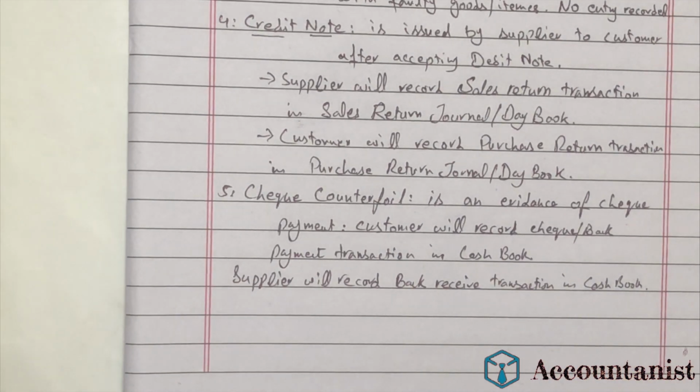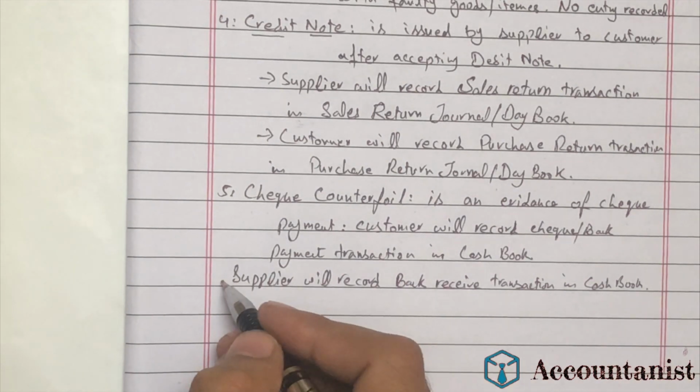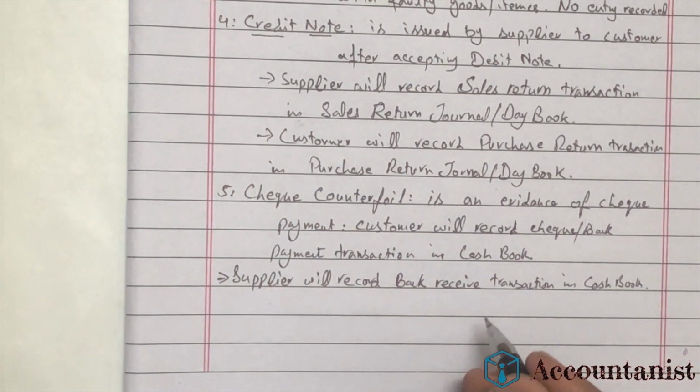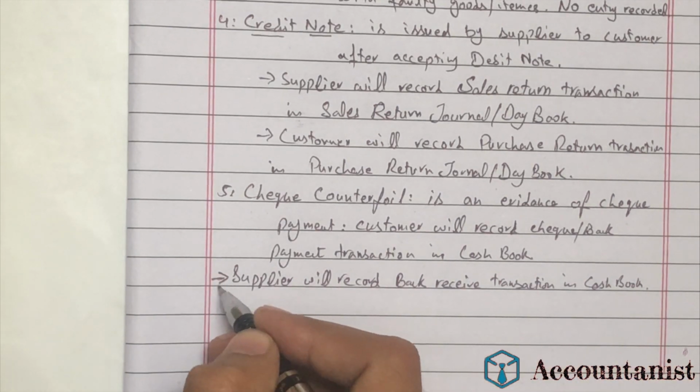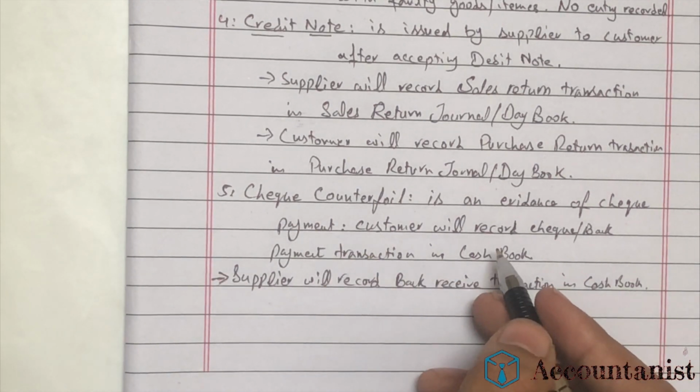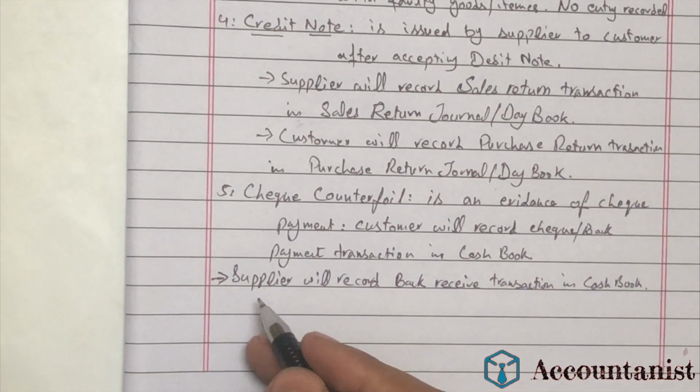So he will record this entry in the cash book by having the cheque. So the counterfoil is kept with the customer and the cheque will be the supplier's document.